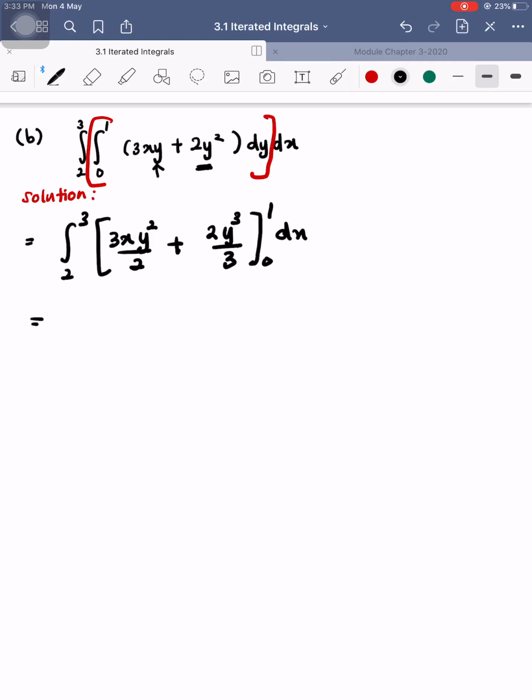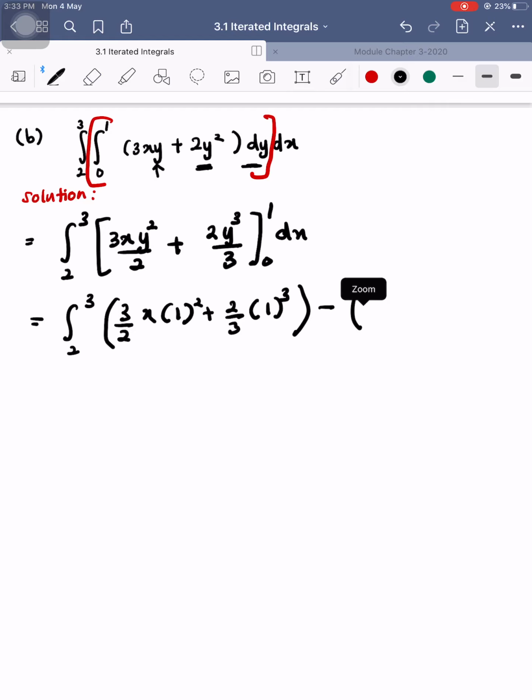Insert the values 0 and 1 into y because you integrate with respect to y, right? So from 2 to 3, you will get 3 over 2 x, inserting into y squared, plus 2 over 3 inserting into y to the power of 3. Then minus the limit at the bottom, inserting the value of 0, you will get 0, plus you insert 0 here, you will get 0.